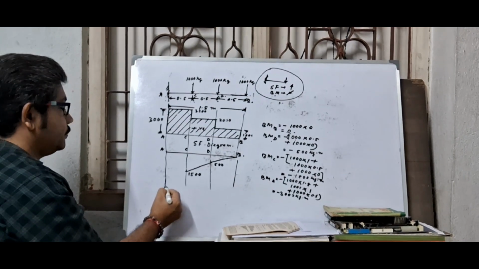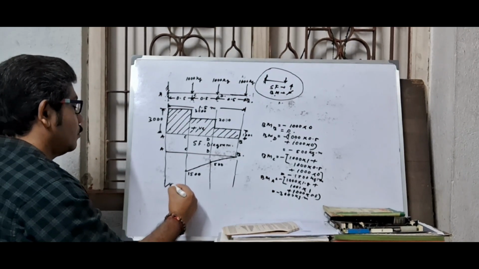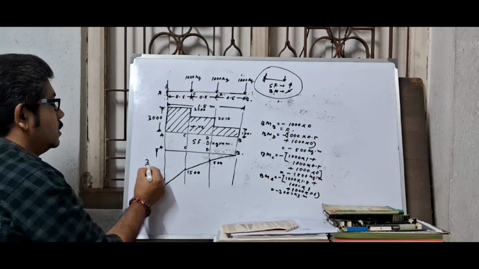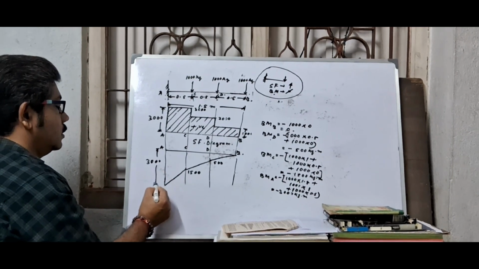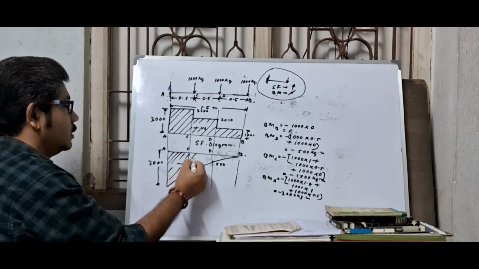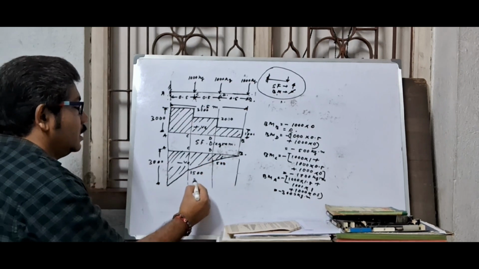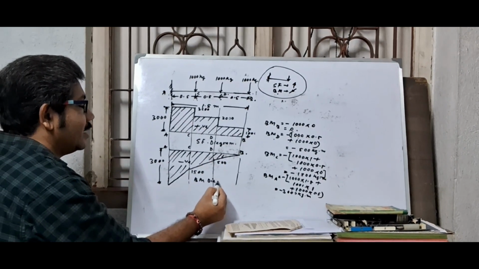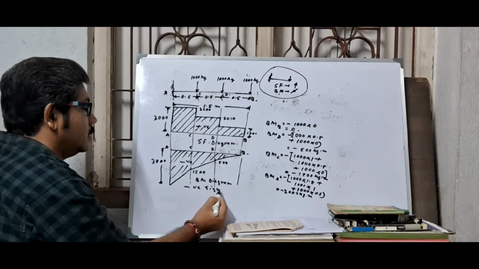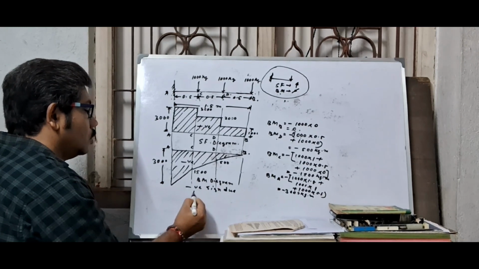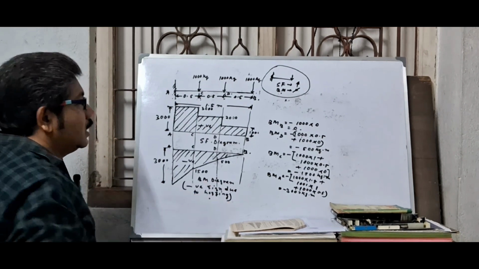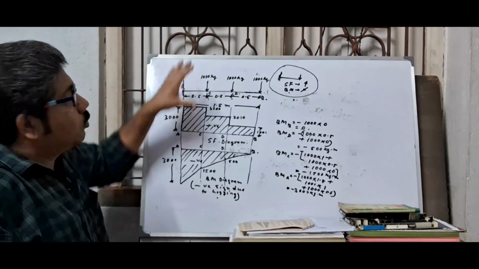And at point A, this is 3000, negative, and this is the section line. This is the BM diagram, and the negative sign due to hogging should be mentioned. This is the SF and BM diagram for this problem.